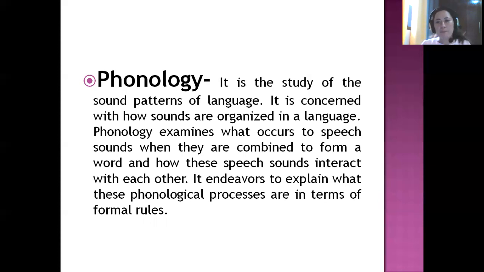For example, the word table. The sound t is aspirated in the word table because it is in the initial part of the word.